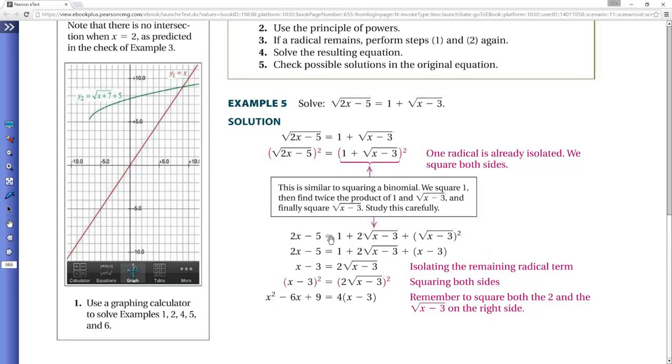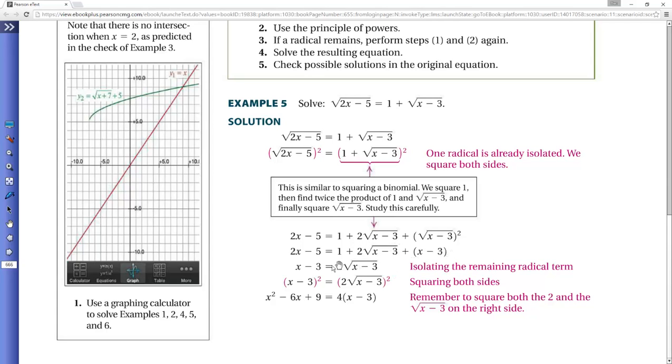Well, this ends up being 2x minus 5. To square a binomial, the shortcut is the first term squared, which is 1 squared, 1. The last term is this squared right here, which ends up being x minus 3. And the middle term is this times this, doubled. So 1 times the square root of x minus 3 times 2, and you get this.